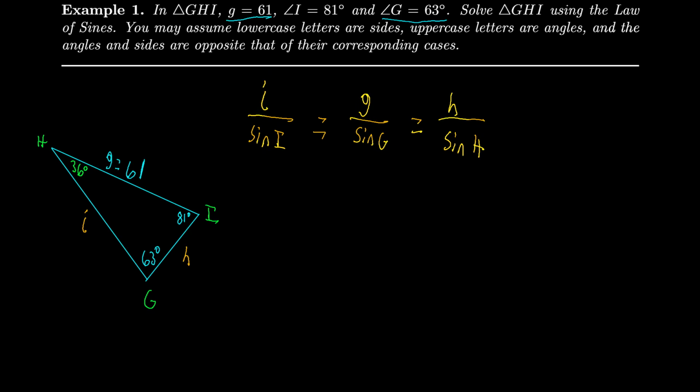You remember, you always take the sine of an angle, so be plugging in angles to these. So we need to figure out either h or i at this point. It doesn't matter which one we figure out right now. It becomes pretty easy to find the other one.